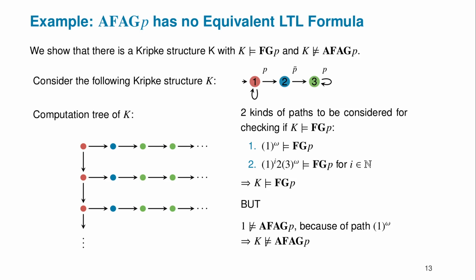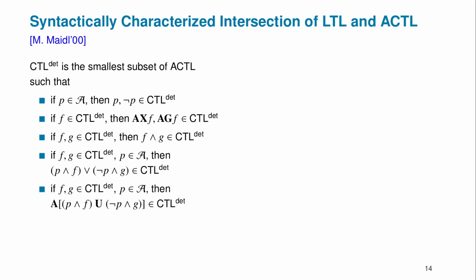And for this, we now discuss the result by Maidel. And the insight of Ms. Maidel was that there is a syntactically characterizable subset of ACTL that is exactly the set which gives us the formulas that have an equivalent LTL formula, and vice versa.